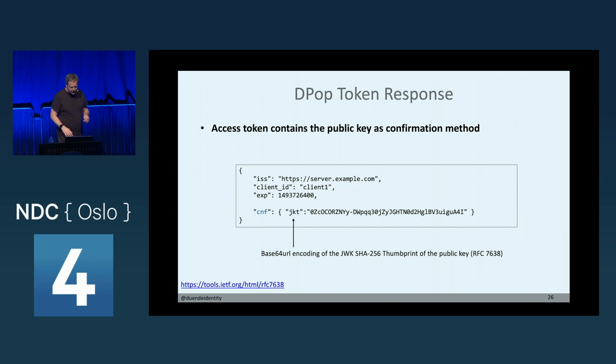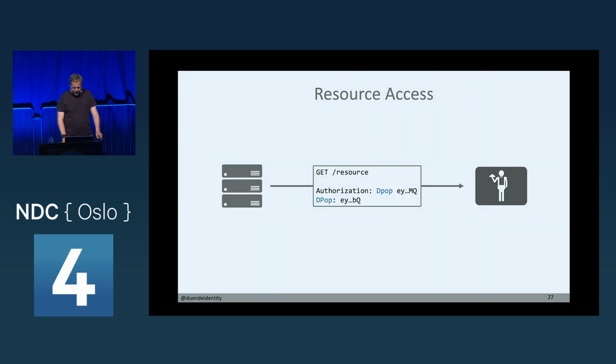And then, when you're now making the resource access, you are sending the normal JWT access token on the authorization header, just as usual. But you see now, it's not Bearer anymore. It's now DPoP. So it's not a bearer token. And then you're sending an additional header, the DPoP header, which then contains the proof token for the API.